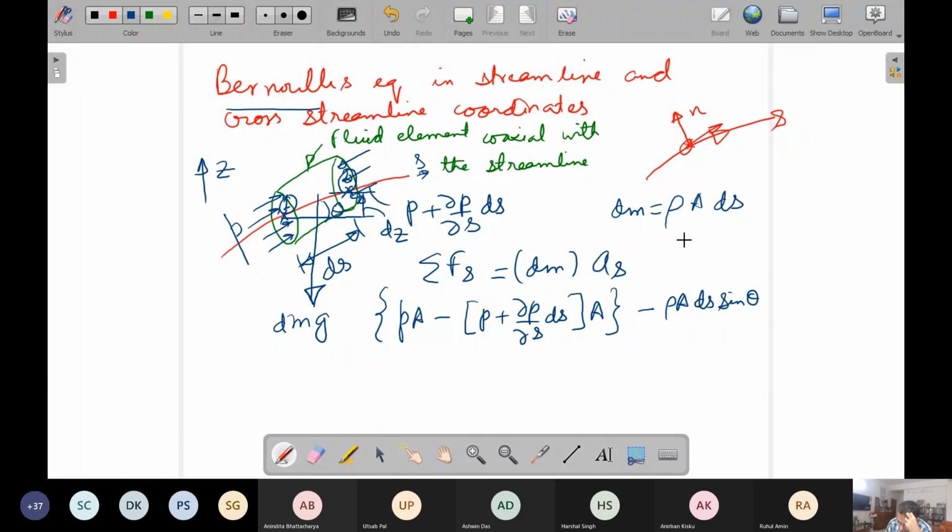If I construct a triangle, this shaded triangle, you can clearly see that sine theta is dz by ds. We will substitute that in the next step, but we have marked it. This is equal to the mass, rho A ds, into acceleration.